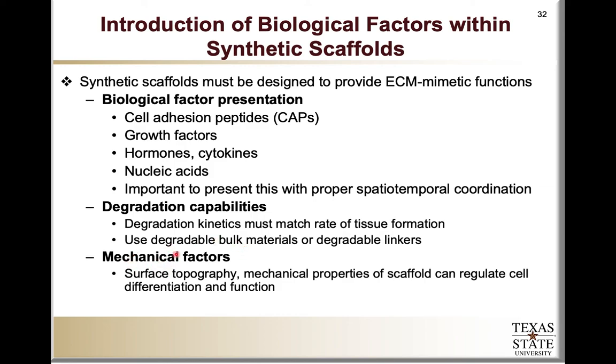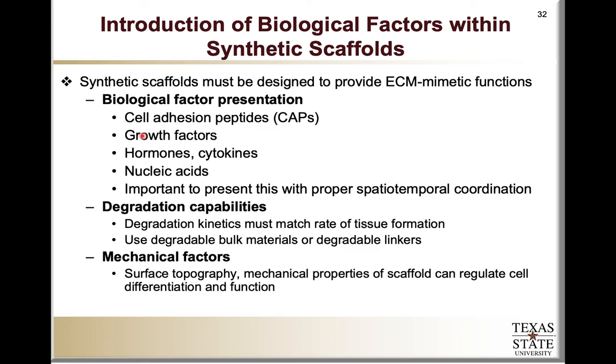The last thing is mechanical factors, and the mechanical factors include surface topography as well as the bulk mechanical properties of the material. It's been shown in many papers that differences in these properties can actually regulate cell orientation, cell differentiation, and cell function.